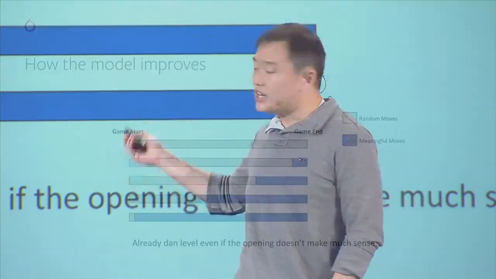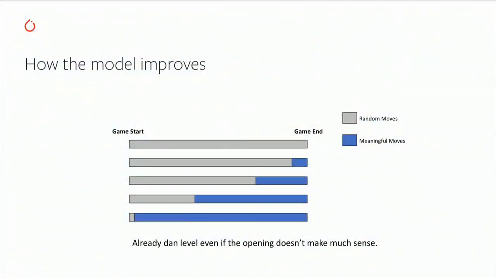Another interesting finding from this implementation is that it actually improves from the end of the game. At the beginning, the model is random and everything is random. How can the model give you something useful? It was actually a mystery at the beginning of our implementation, but after we dug deep into the system, we found that the algorithm can find a direct correlation between situations close to the game end and the final game outcome.